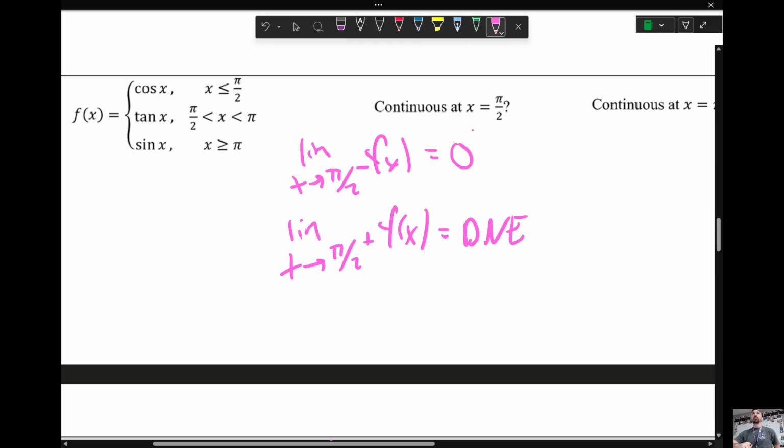So if your graph, this is not a hole, so it wouldn't be removable. For a hole only occurs when you have a fraction and some value of x makes the numerator and denominator 0 at the same time. This is approaching 0, and then it just falls off the cliff, like it goes to infinity. So I would call that a jump. All right.